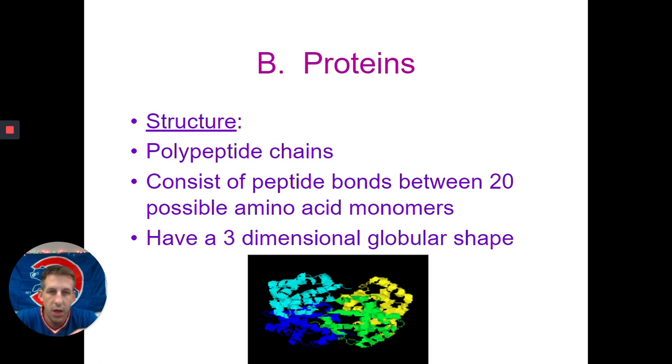When we put these amino acid monomers together in a much larger polypeptide strand, ultimately we get a three-dimensional blob or globular shape. Okay, and an example of a three-dimensional globular shape in terms of a protein is shown in that picture there. These things look like big old blobs once they're complete.